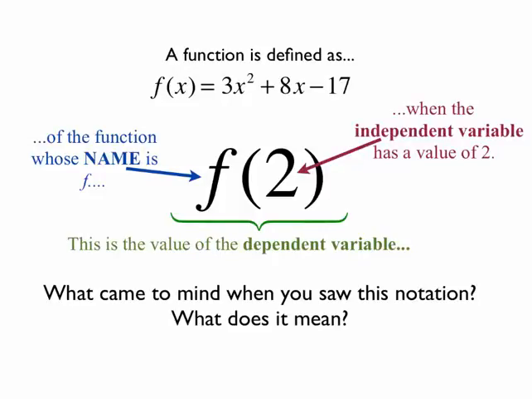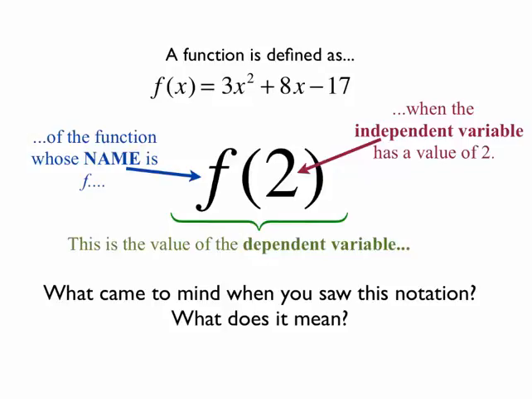That's what that is. Do you have to do any arithmetic for that to have its meaning? No. You don't have to do any plugging in and computing anything. That thing is the value of the dependent variable for this function f when the independent variable has a value of 2. First and foremost.